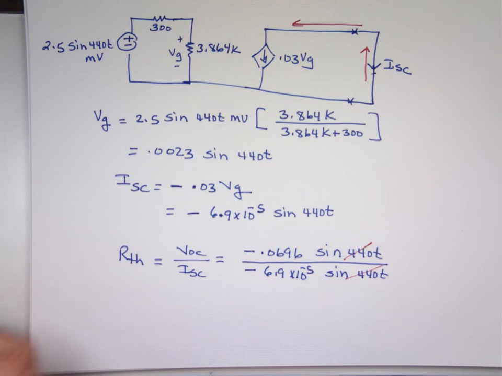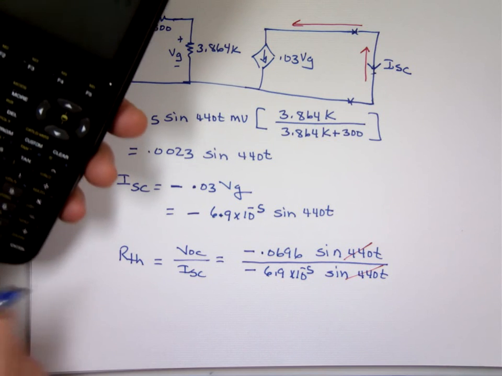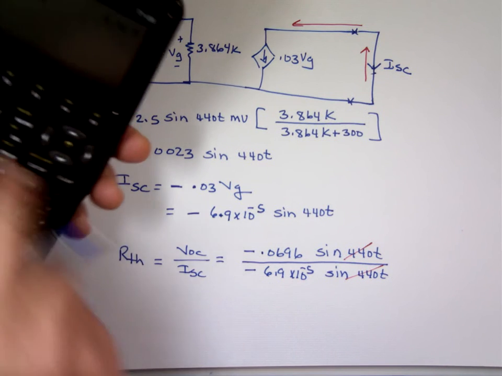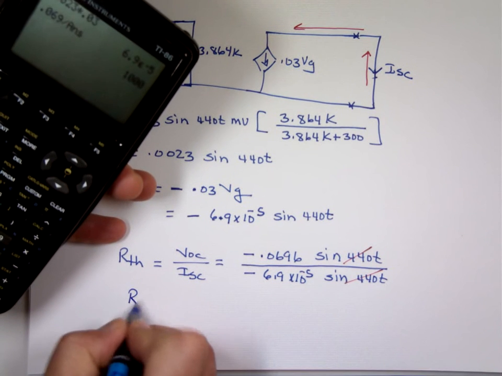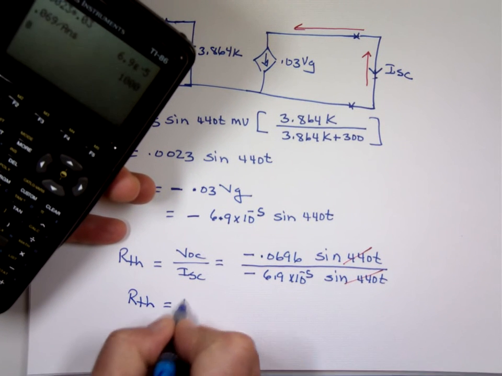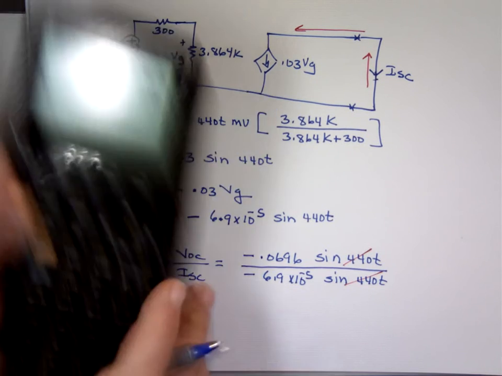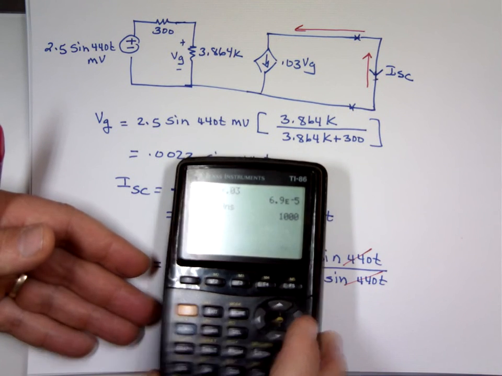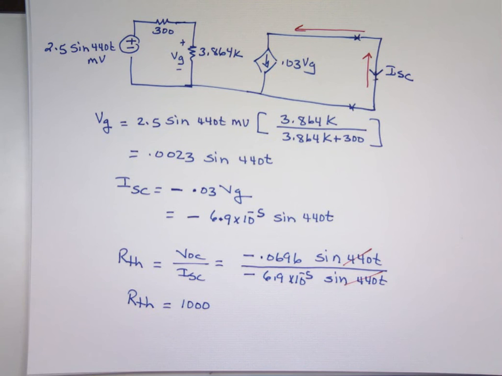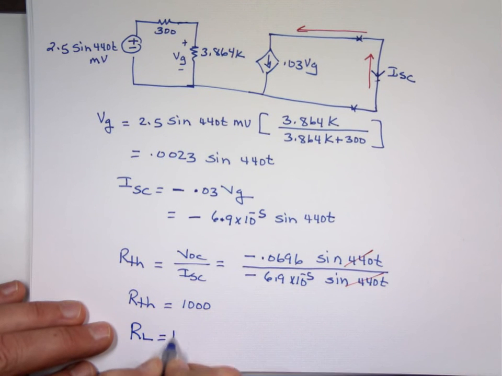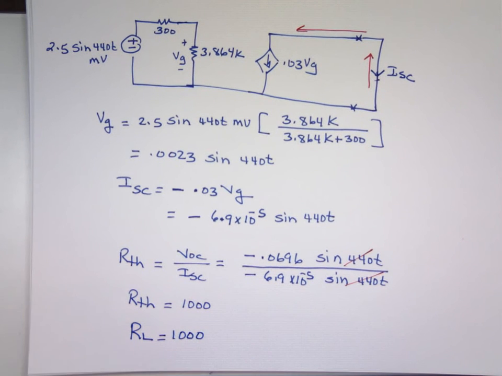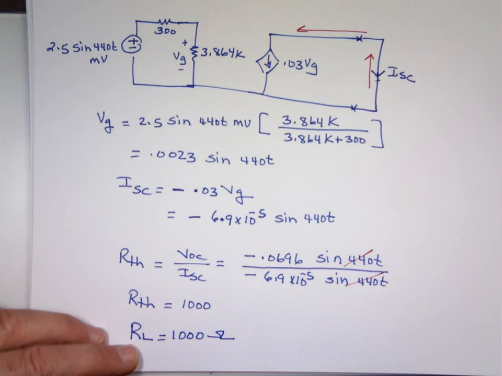Negative over negative is positive. 1,000, what do you know? On the money. Right there. So 1,000. So that means R sub L for maximum power transfer should be 1,000 ohm, R Thevenin.